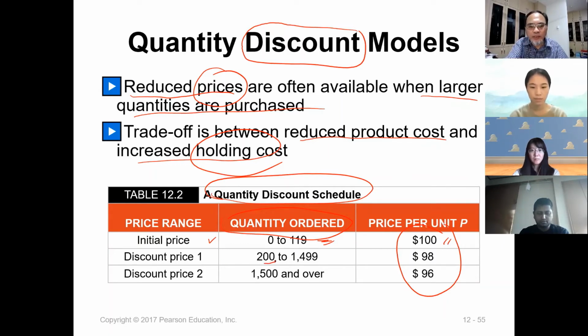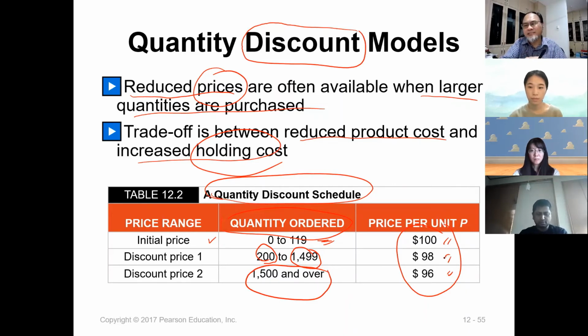If you order 200 until 1,499, I'm going to give you $98, so $2 less. If you order more than 1,500, then I'm going to give you $96. It depends on the company, and of course not all companies will have quantity discounts, but I believe many will.